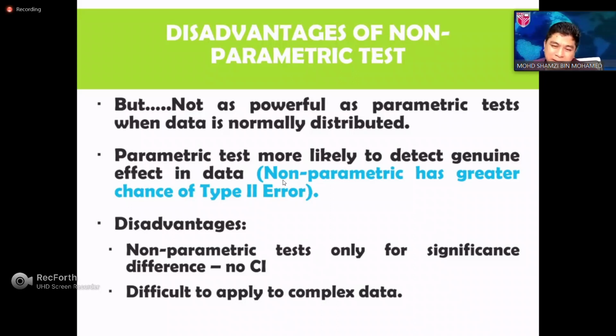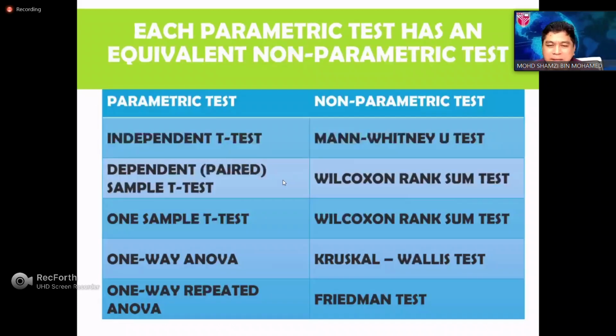There is an effect, but there is a high chance that you cannot detect it. So non-parametric has that particular setback of missed opportunity. Disadvantages: non-parametric test is only for significant difference, no confidence interval, and difficult to apply to complex data.